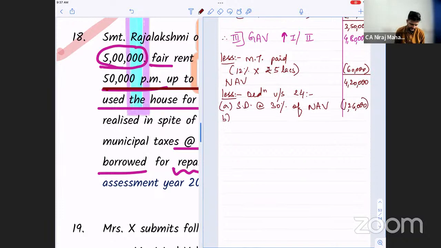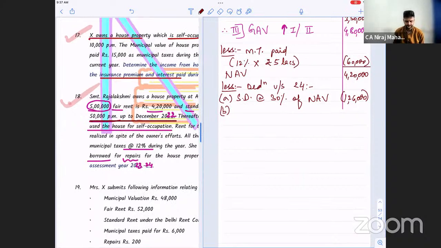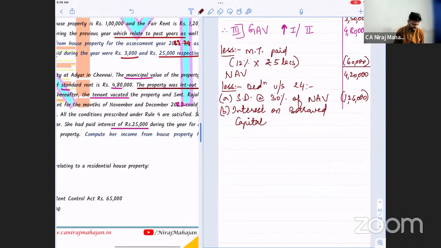And B, do we have interest on borrowed capital for repairs? Yes, repairs is allowed. Very good. Interest on borrowed capital, so how much? 25,000. Everybody?